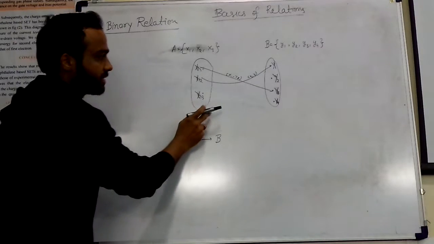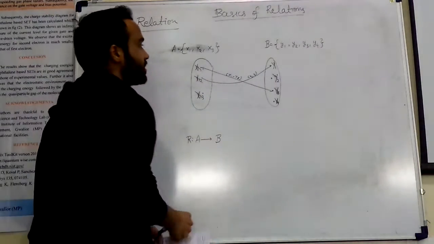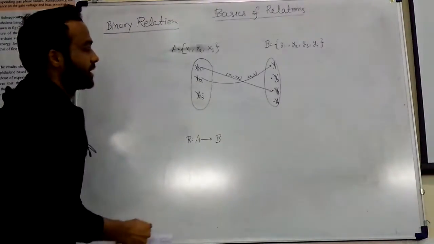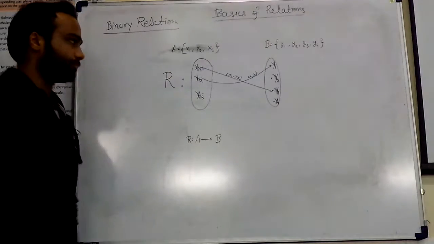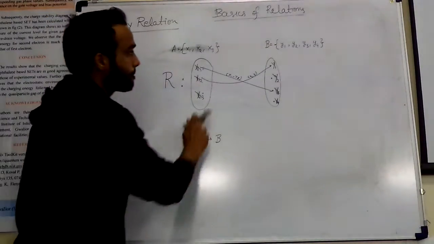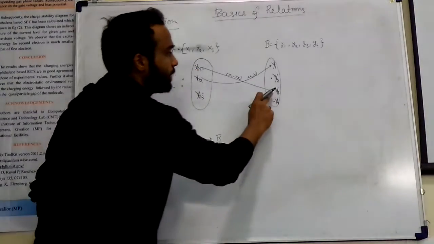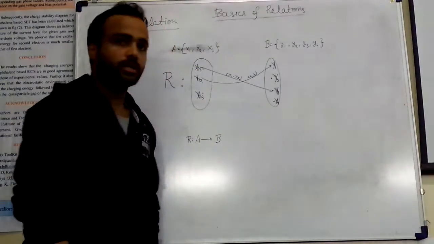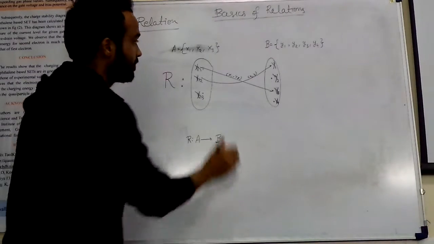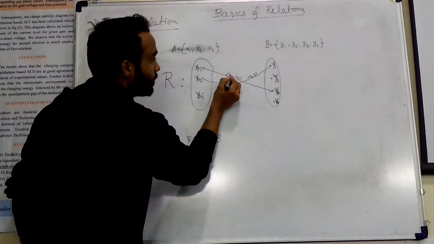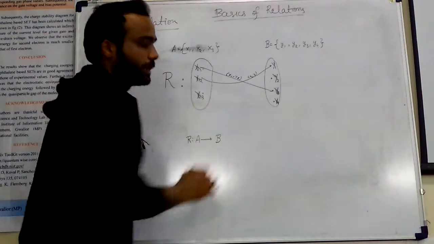I give a pictorial representation here: x1, x2, x3 in set A, and y1, y2, y3 in set B, and I call a relation R. I say x1 from set A and y3 from set B are said to be associated by the relation R if (x1, y3) is a sequence, and I draw a line between them.